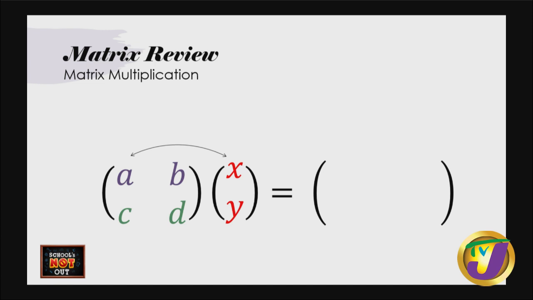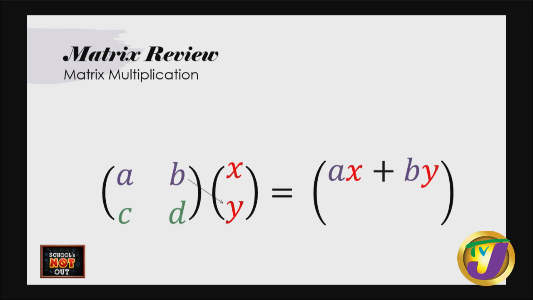That is going to give us a product of AX. And then we are going to add that to the product of the second element in the first row and the second element of the column, and that is going to give us plus BY.